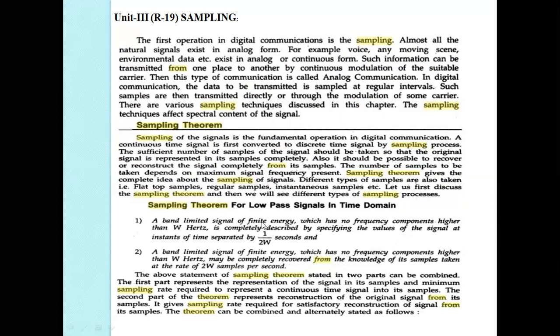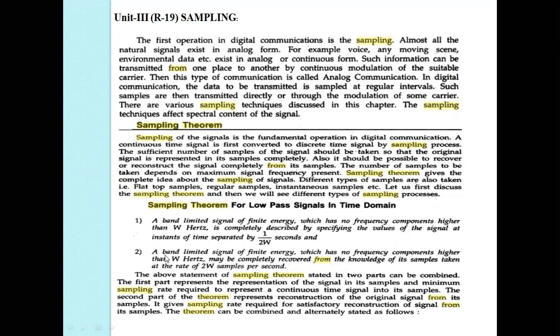A band limited signal of finite energy which has no frequency components higher than omega hertz is completely described by specifying the values of the signal at instants of time separated by 1/2 omega seconds.